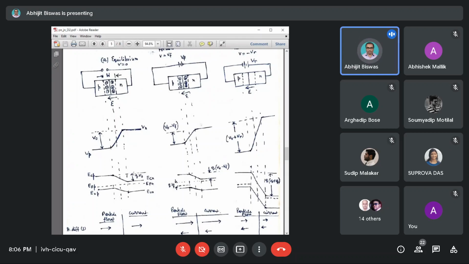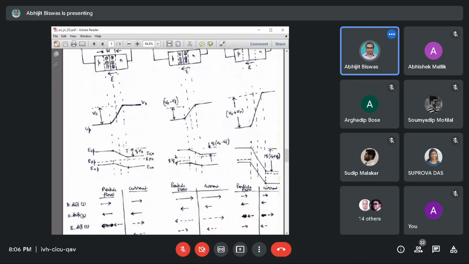Otherwise, it appears to be linear, but at the edge of the depletion region, you will find slight bending. This bending is parabolic. Otherwise, in the middle, you cannot distinguish. It appears to be linear, but it is not so.